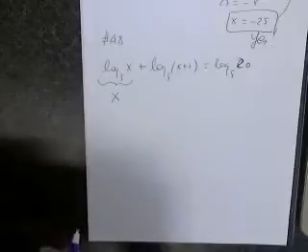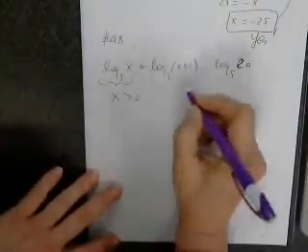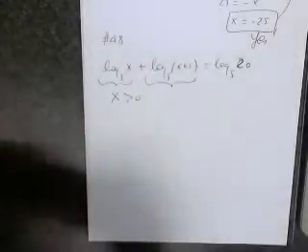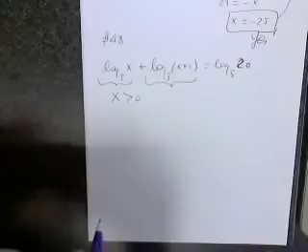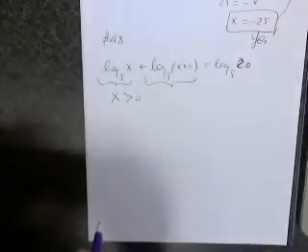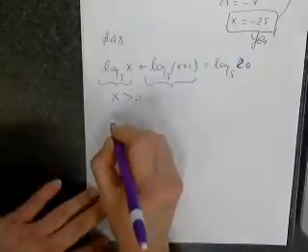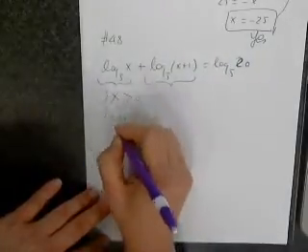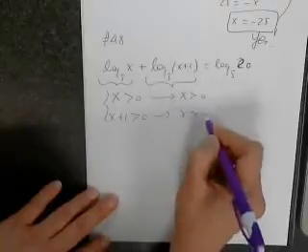X must be positive, perfect. What will be the domain of this? X plus 1 greater than 0. So this one is x greater than 0. This one is x greater than negative 1.